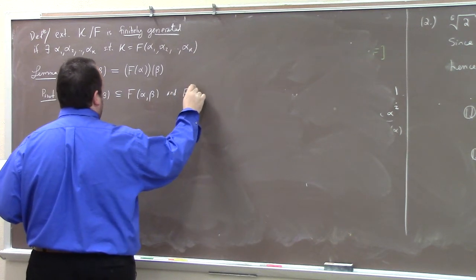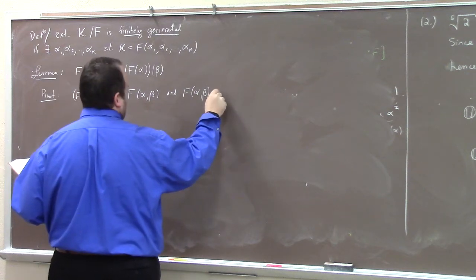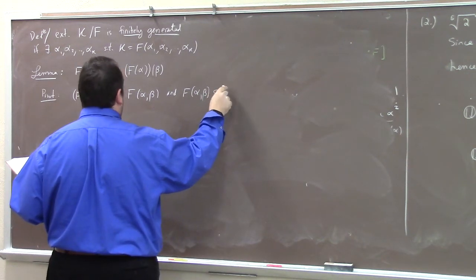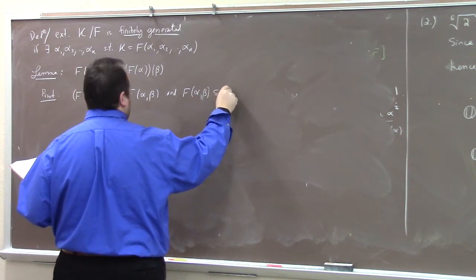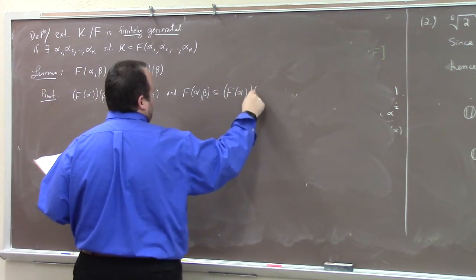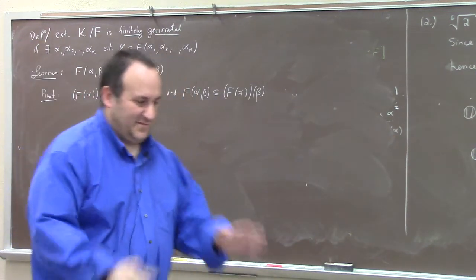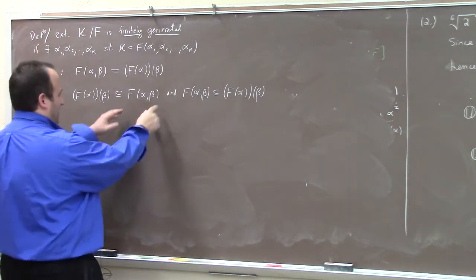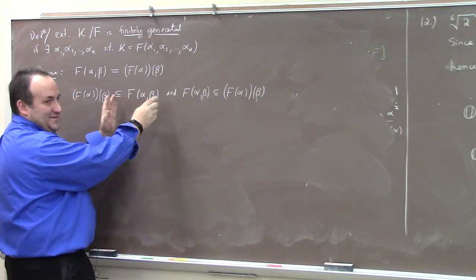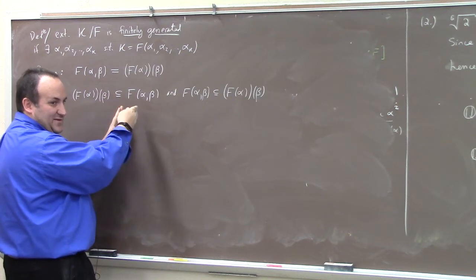So there are two different notions of minimality at play here. There's the minimality of the double extension, if you will, and the other we'll call the compound extension. I don't know what the different names should be. F adjoin alpha, beta is the smallest field which has F as well as the elements alpha and beta.